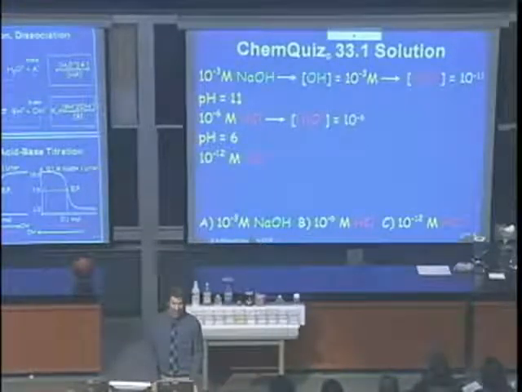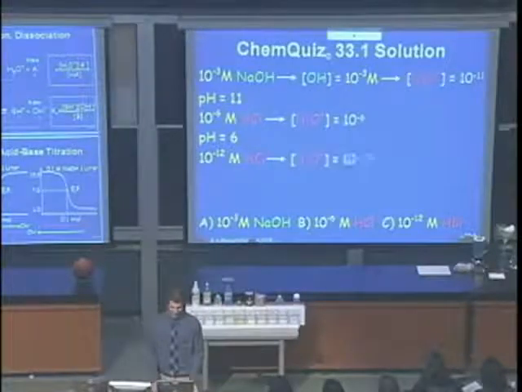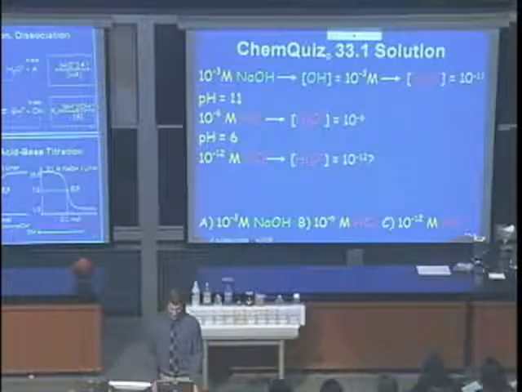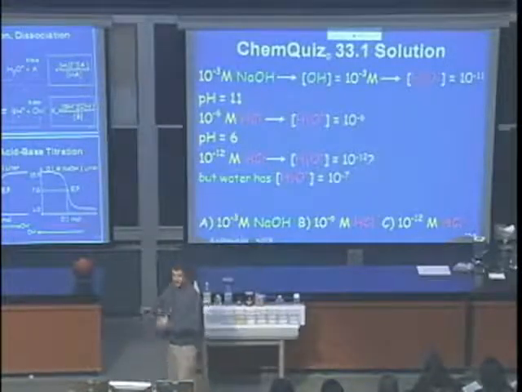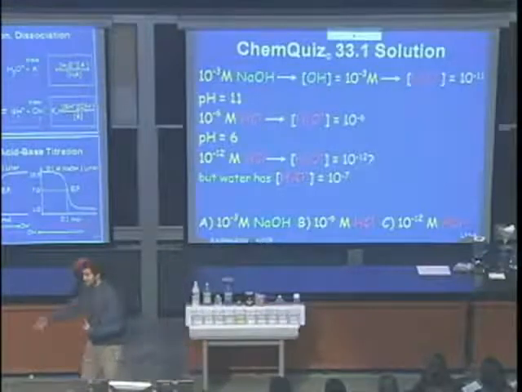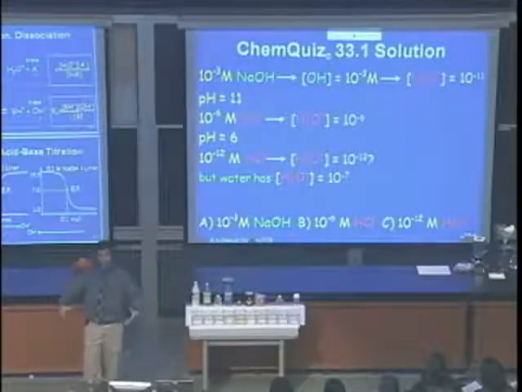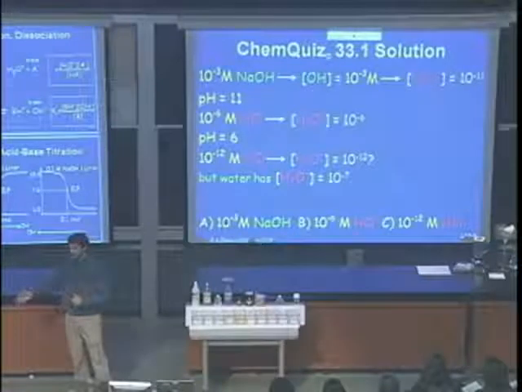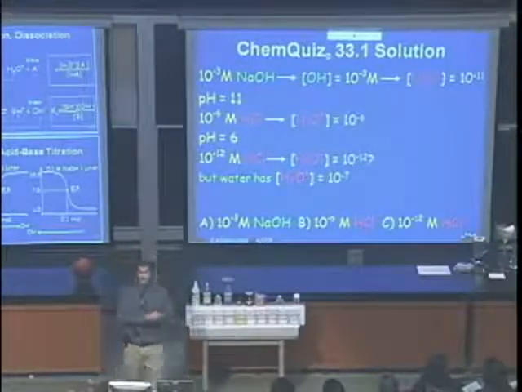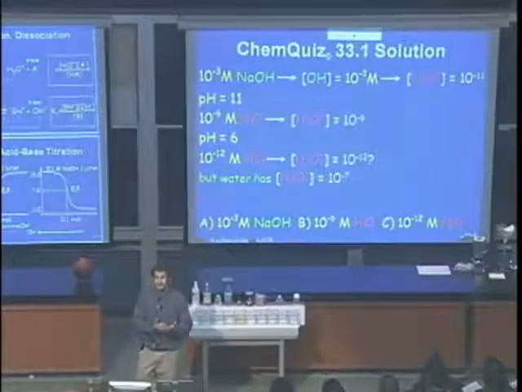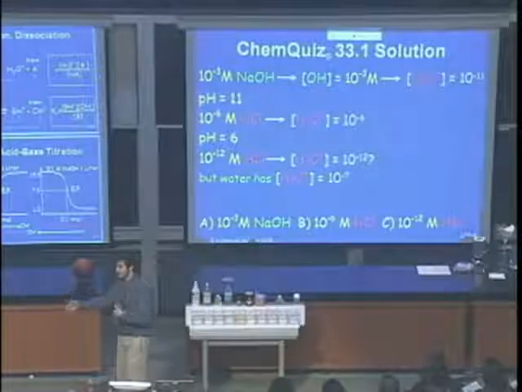10 to minus 12 molar HCl, well, I've only got 10 to minus 12 molar H3O plus, except I'm in water, right? I'm putting 10 to minus 12 moles of HCl into water, which already in and of itself will have 10 to minus 7 molar. So the 10 to minus 12 moles that I get from the HCl is negligible in comparison to what is already present in the water.